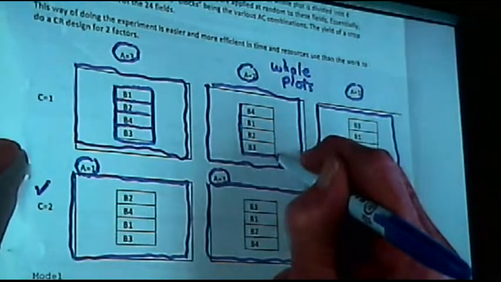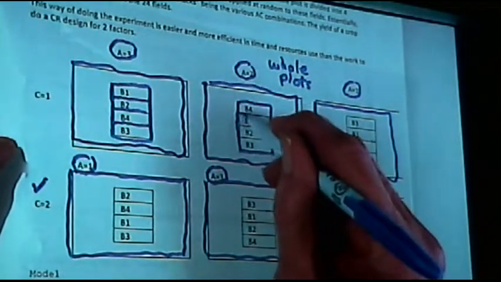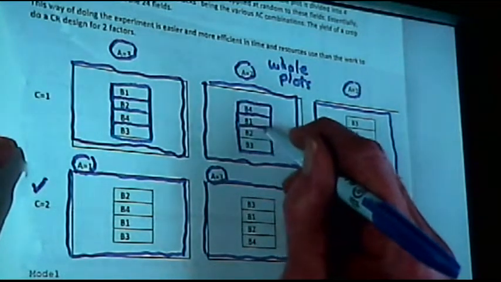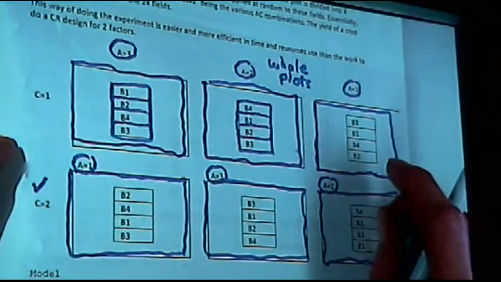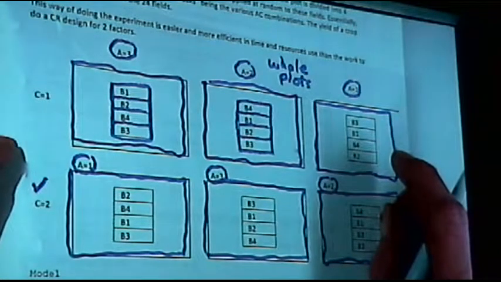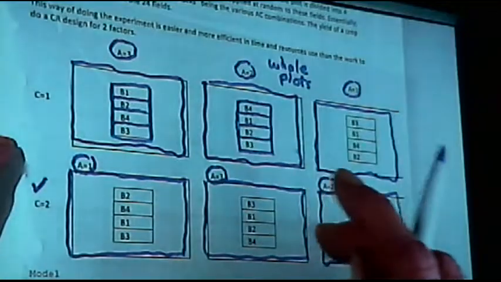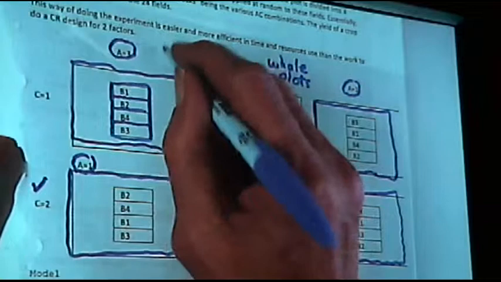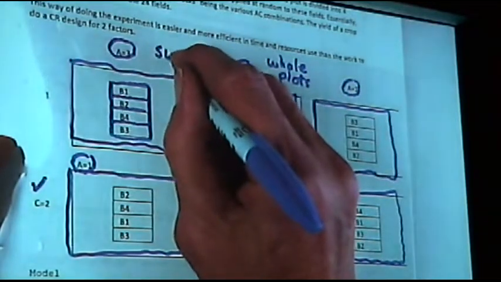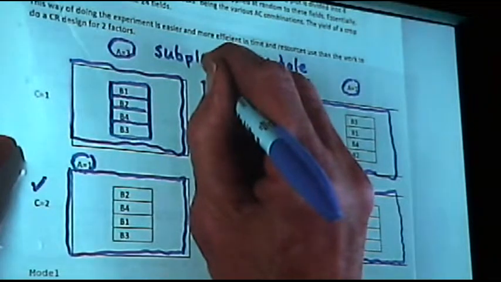I'm going to divide it up, identify, or fence out, whatever I'm doing, 4 portions over here, and assign the 4 levels of factor B, again at random, so it's not always in the same order. Again, assign those B's at random to those 4 plots. Those are referred to as subplots.